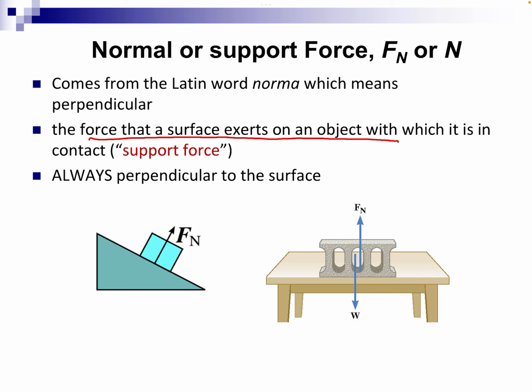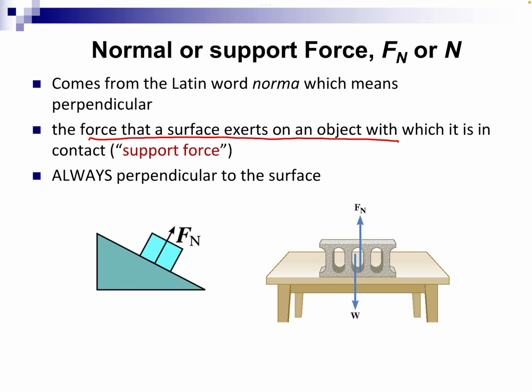And that's why it's intuitive to call it the support force, because you have a physical surface that is supporting the object, right? So in these figures here, you have the inclined plane that's supporting a box, or the surface of the desk that's supporting this object here.